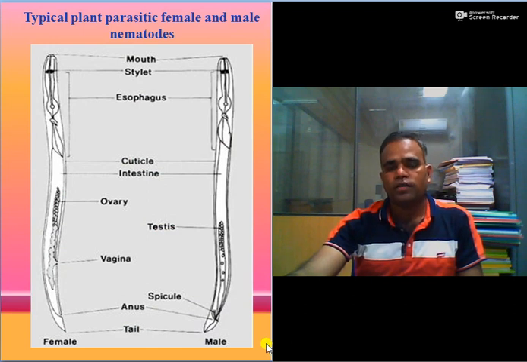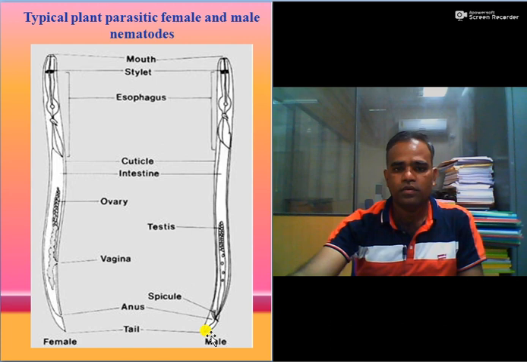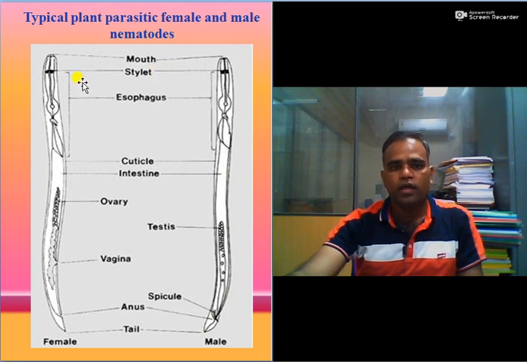So we start with observing a typical plant parasitic female and male nematode. Here you can see mouth, stylet, esophagus, cuticle, intestine, anus and tail.